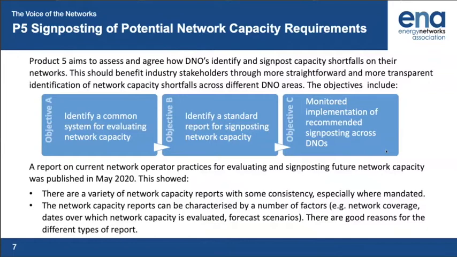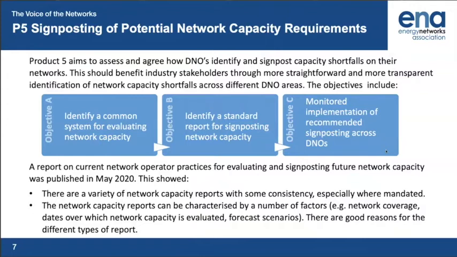And objective C, once A and B have been done, is putting in place some monitoring, really, to understand how that's being done and make sure it's being done in a consistent way, and obviously learning from it.